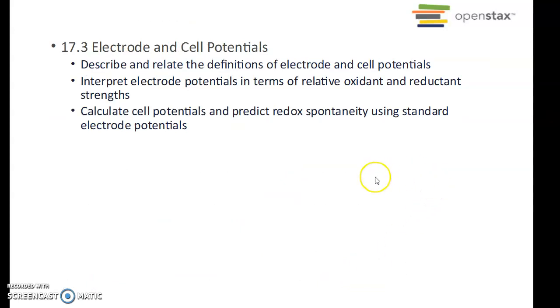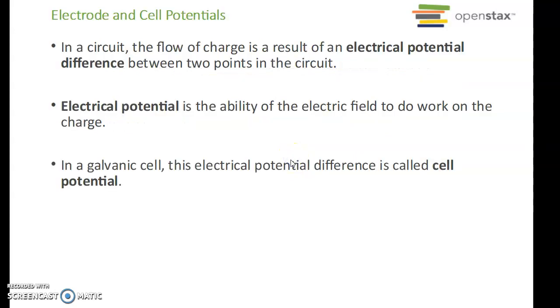Now we're going to talk about the exact energy, and by calculating the potential energies, predict whether a reaction is going to be spontaneous or not. So, electrode and cell potentials. In a circuit, the flow of a charge is a result of electrical potential difference. That's the voltage, okay? Electrical potential difference means voltage.